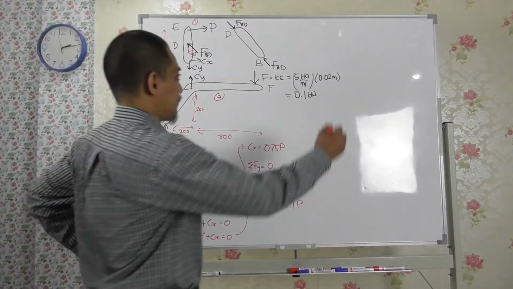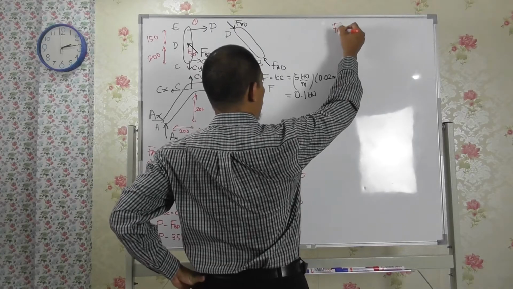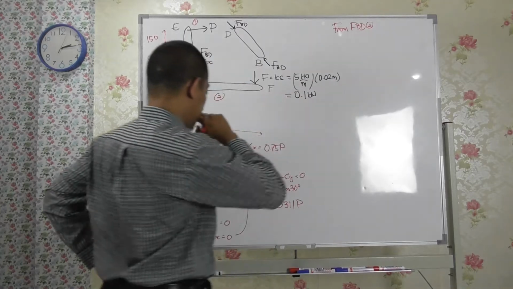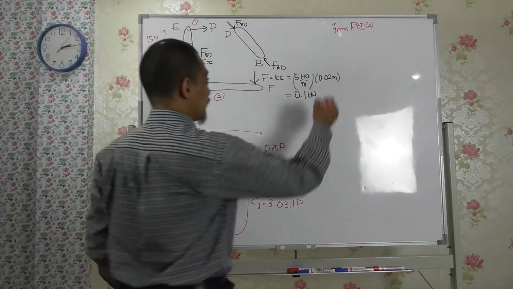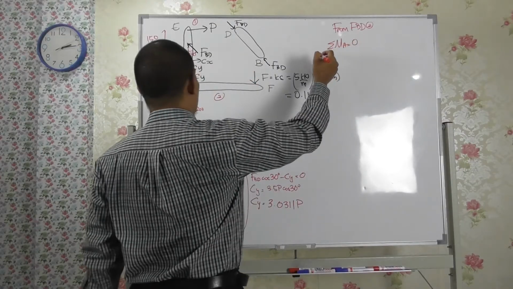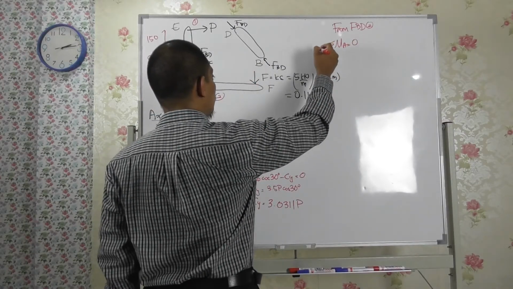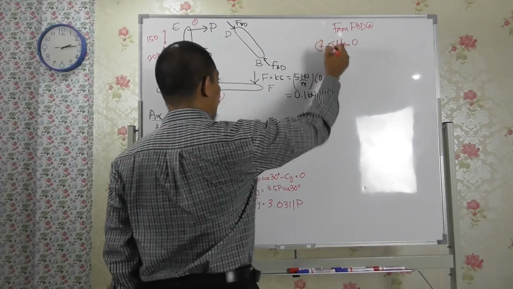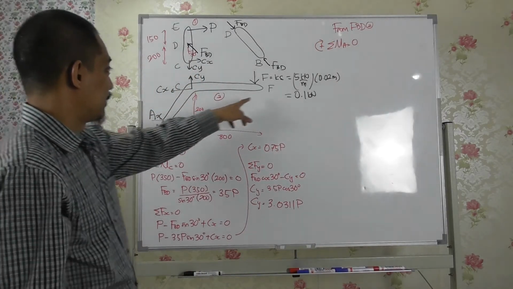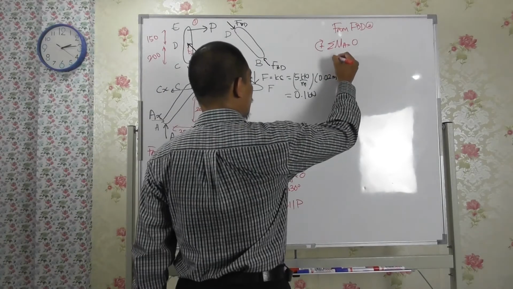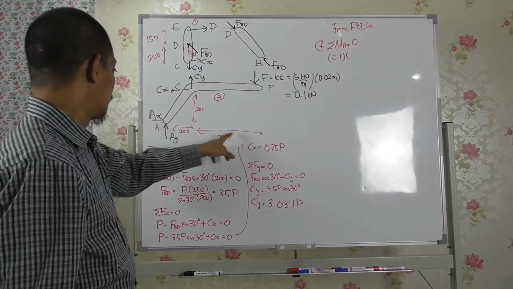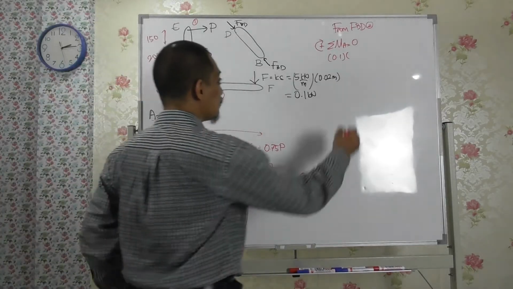So from free body diagram 2, if I take moment about point A, okay, let's take clockwise as positive still. So about A, now you have 0.1 here, right? 0.1 times distance of 1000, is it?